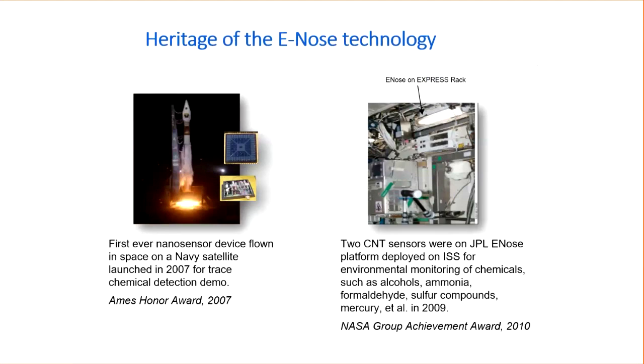The second flight opportunity was when we put two of our nanosensors on the JPL eNose platform deployed on the ISS for environmental monitoring of chemicals such as alcohols, ammonia, formaldehyde, sulfur compounds, and mercury in 2009. Next slide, please.